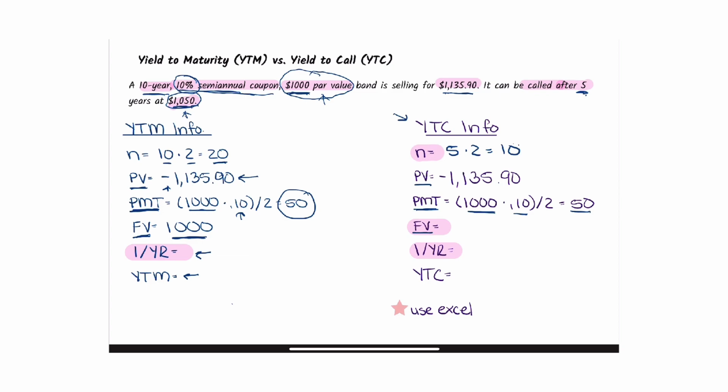Here, the future value, what do we get at the end? At the end of the bond maturity, or so it's not being held to maturity, it's being called early. So if it is called after 5 years, how much do we get? Well, we get this $1,050.